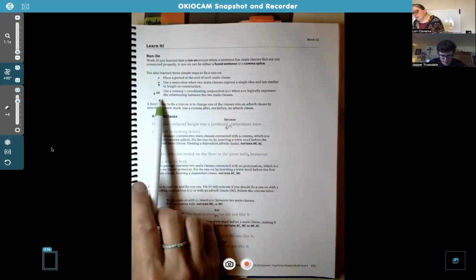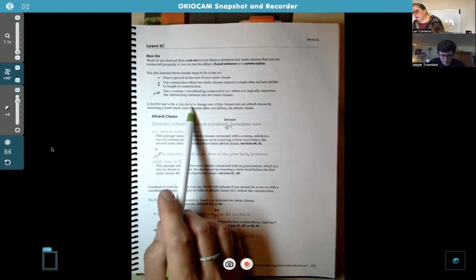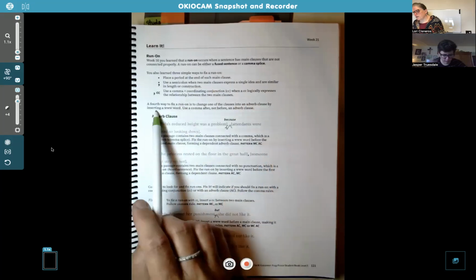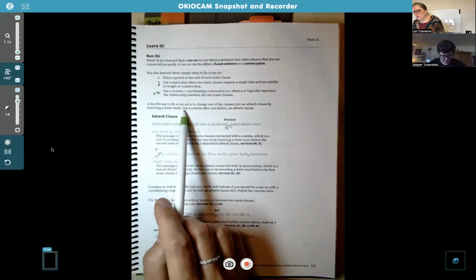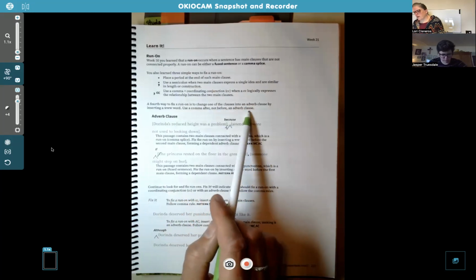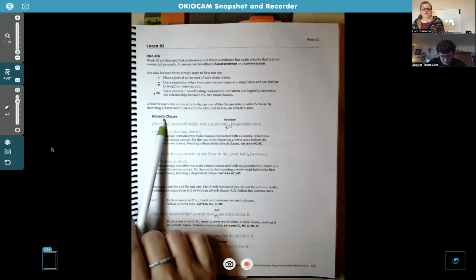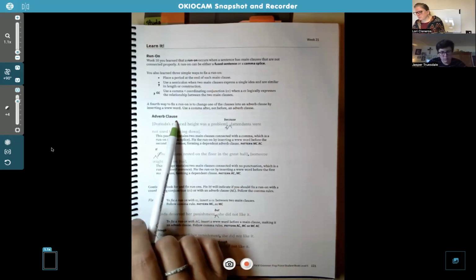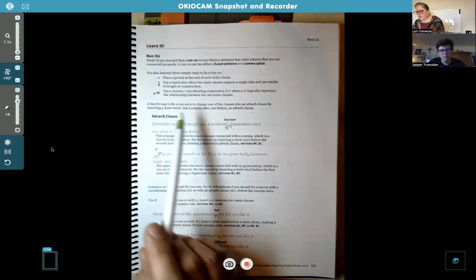A 4th way to fix a run-on is to change one of the clauses into an adverb clause by inserting a www word. Use a comma after, not before, an adverb clause. So this lesson is basically showing us a new way to fix a run-on sentence using an adverb clause.